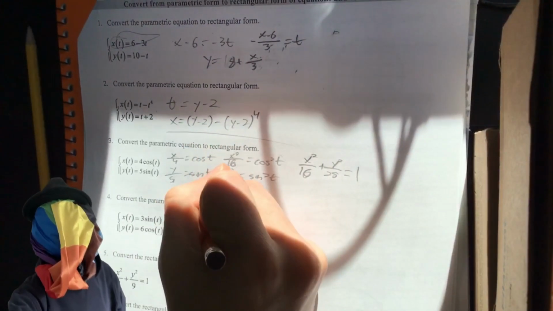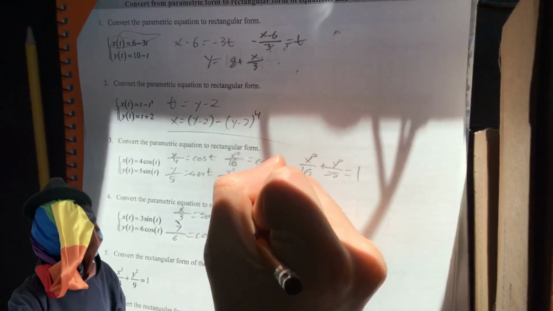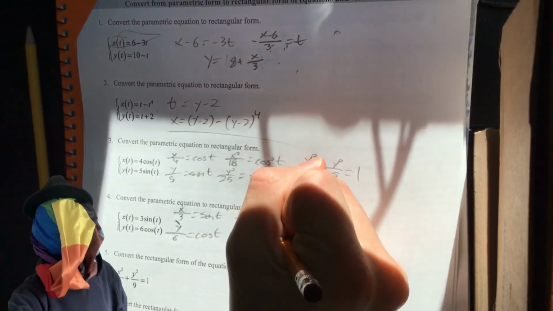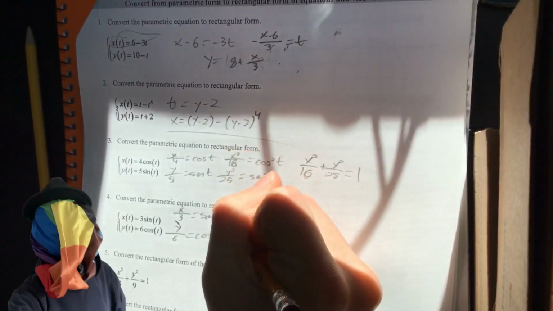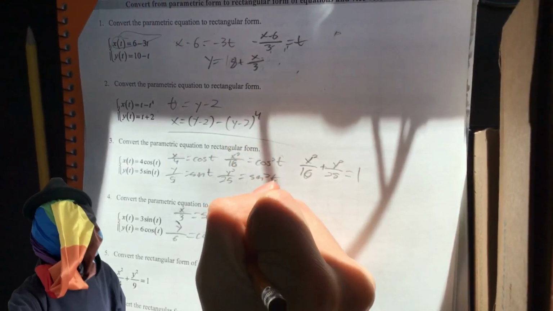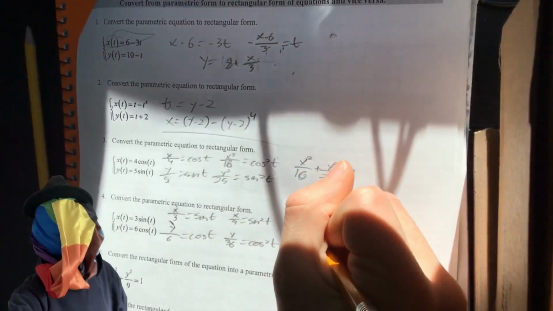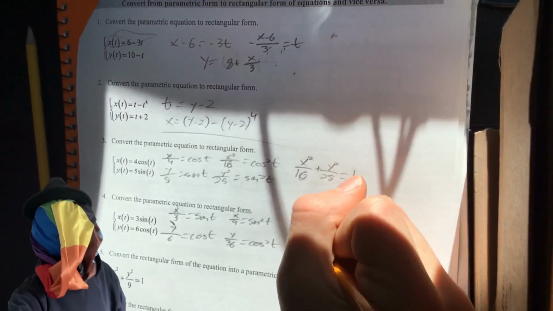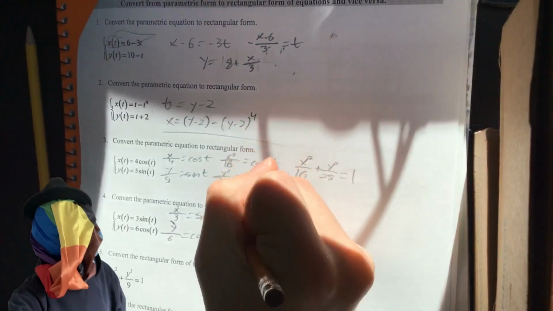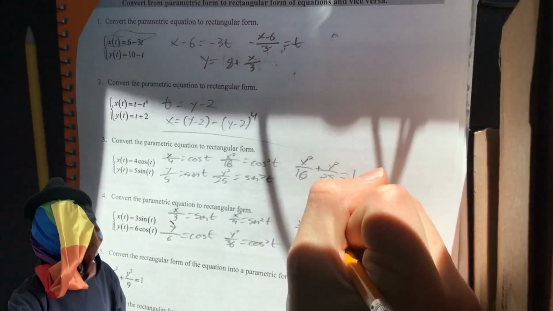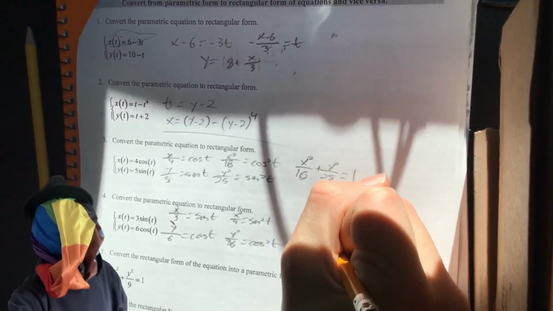Oh, wait, no, that doesn't matter because this is cosine. So x over 9 equals sine squared t, y over 36 equals cosine squared t, so x squared over 9 plus y squared over 36 equals 1. That is done.